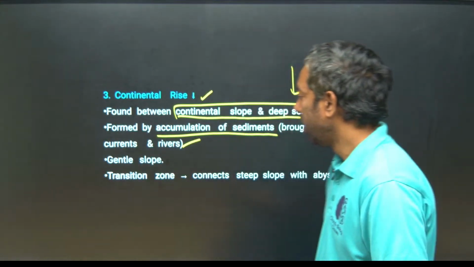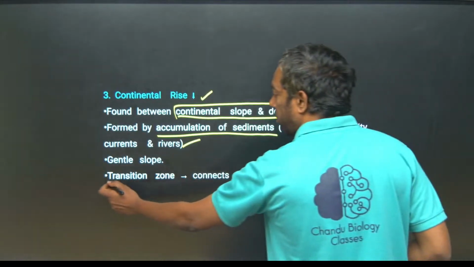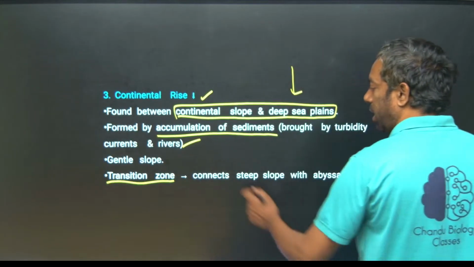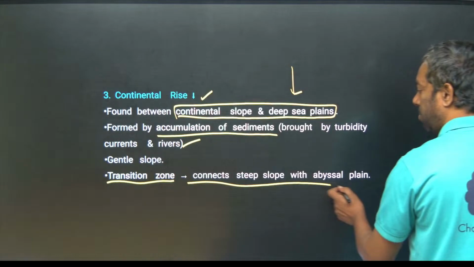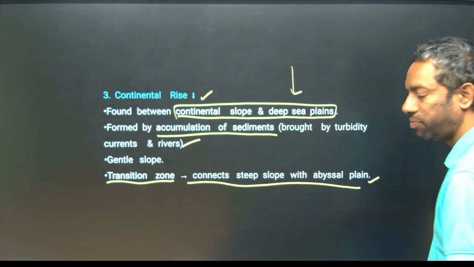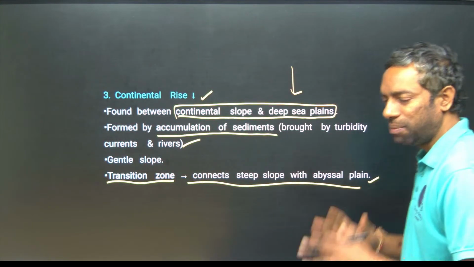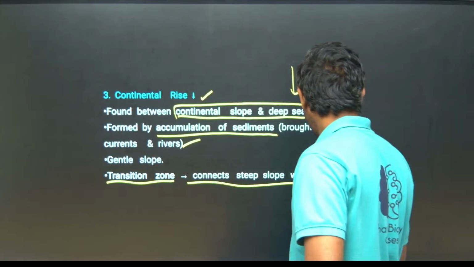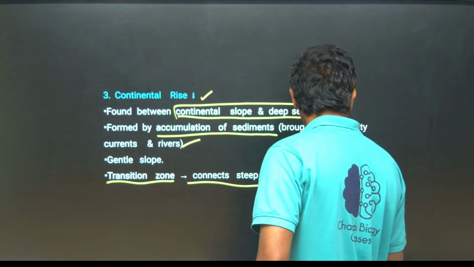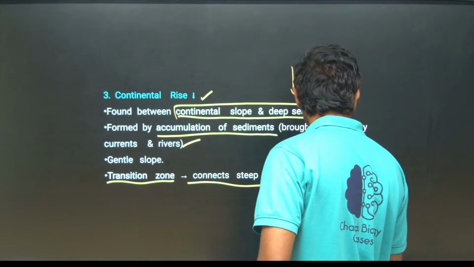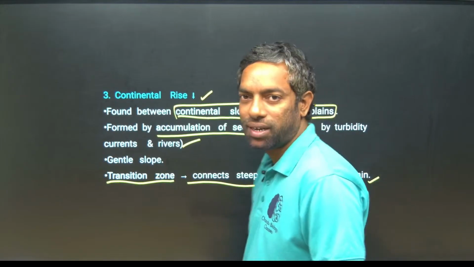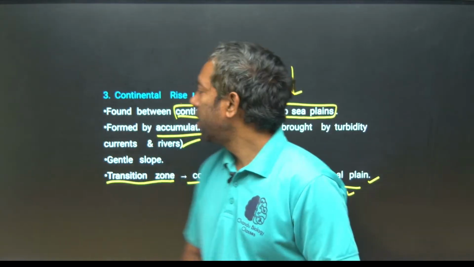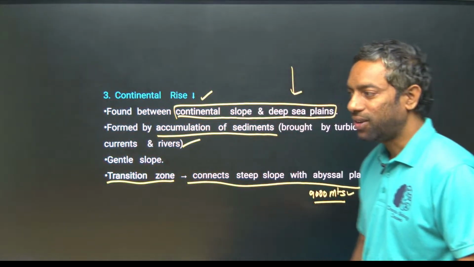This is a transition zone that connects the steep slope with the abyssal plain. Abyssal means a depth of 9000 meters. The abyssal plain connects with the continental rise.